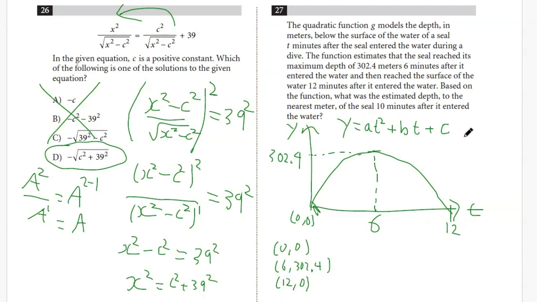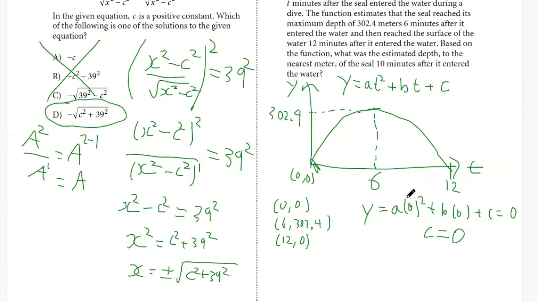So for 0, 0, we know that c is equal to 0, because y has to equal 0, so all of these go out. So c is equal to 0. And I'm going to go ahead and solve for what these two are.